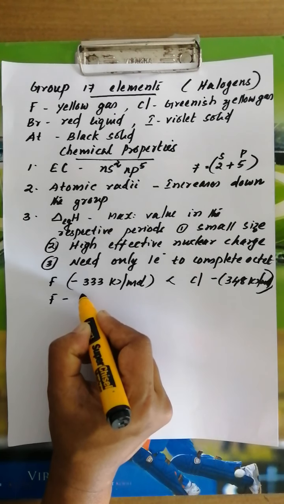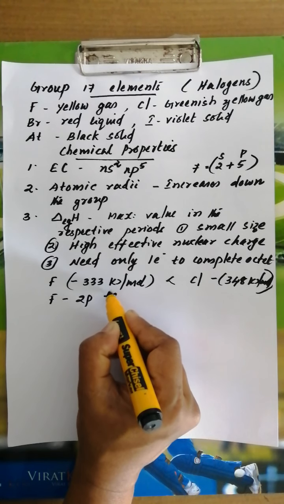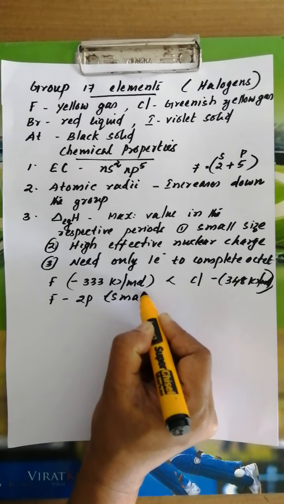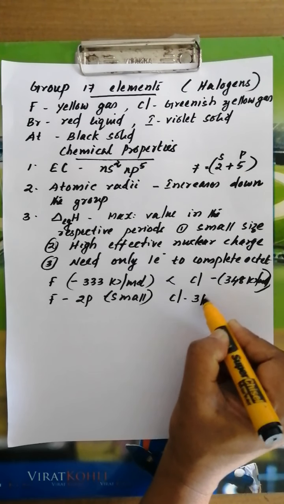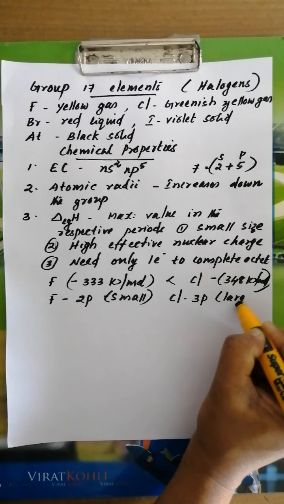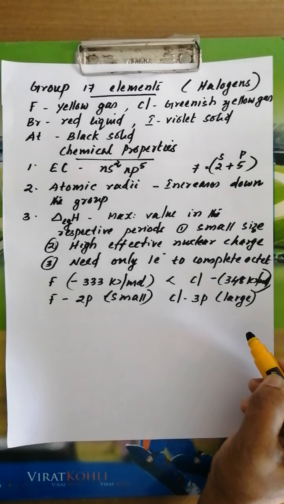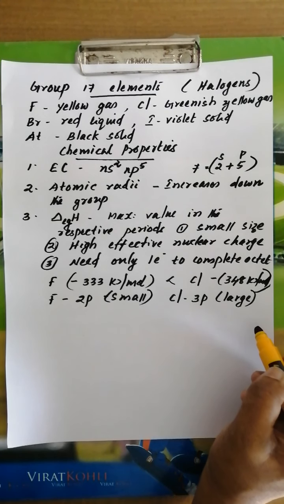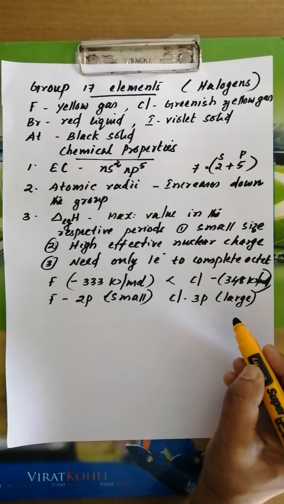Fluorine has a 2p subshell which is small in size, whereas chlorine has a 3p subshell that is larger in size. So the sixth electron, since they have 5 electrons, will experience much attraction in the larger 3p orbital of chlorine.